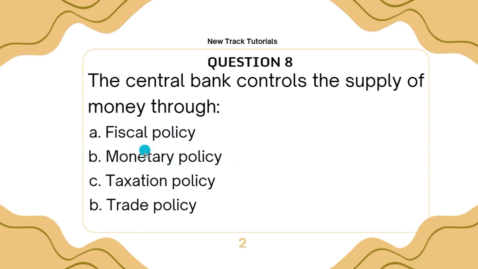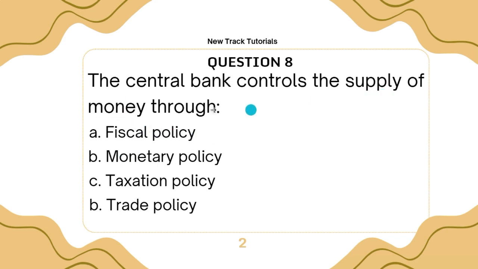Now, the goal of monetary policy is to achieve price stability, increase employment, and stimulate economic growth in the country. How about fiscal policy? Fiscal policy is the use of government spending or taxation to influence the economy, to stimulate the economy. So this will help to promote economic growth and reduce what?